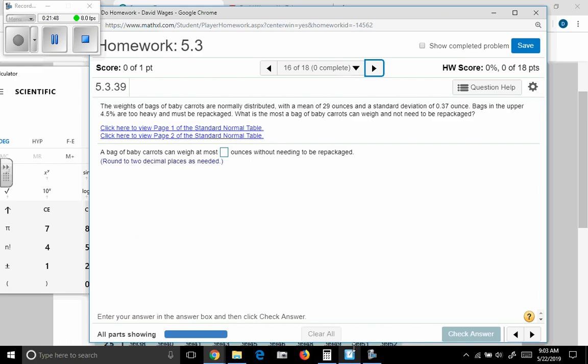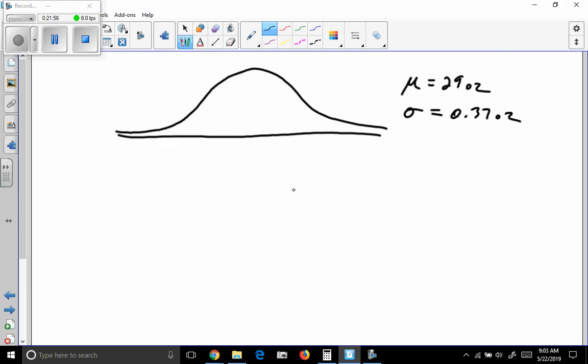Then we're told bags in the upper 4.5% are too heavy and must be repackaged. If bags weigh too much, that presents a problem, and they're going to have to empty the bags and try again. So we're looking at the upper 4.5%.